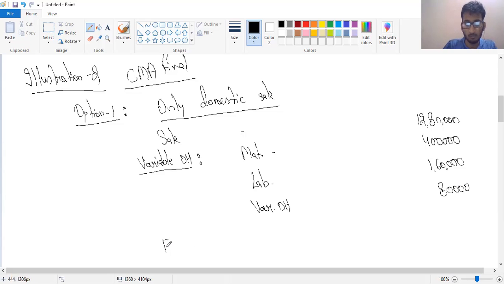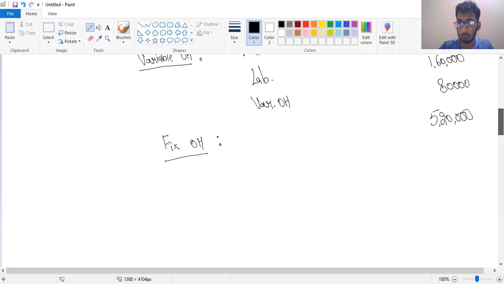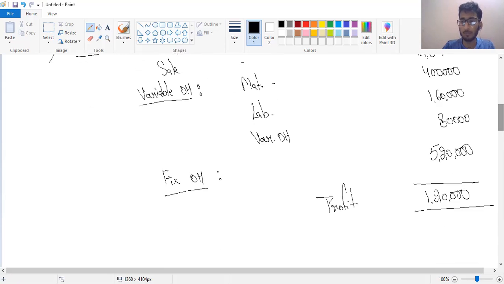Now my fixed overhead is 5 lakh 20,000. So my profit is 1 lakh 20,000. It is given to us basically. So the first option is this, we can continue with whatever we are doing currently.